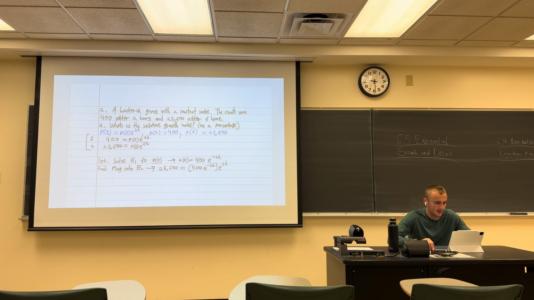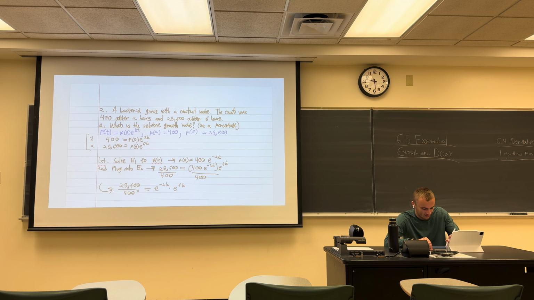And from here we can divide out the 400 on both sides, so we have 25,600 over 400 equals e to the negative 2k times e to the 6k.